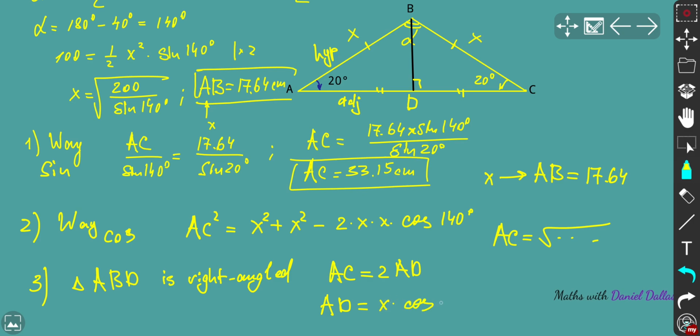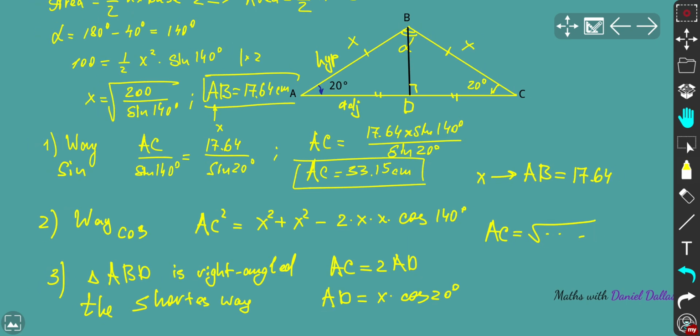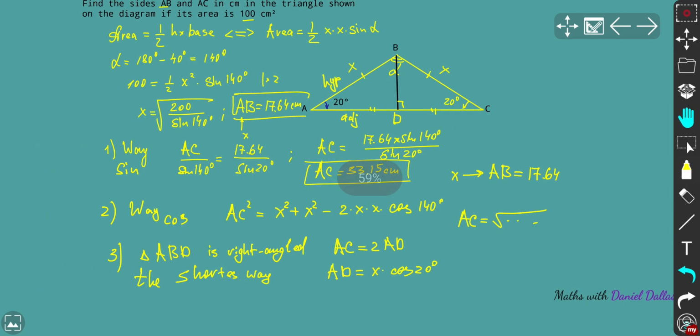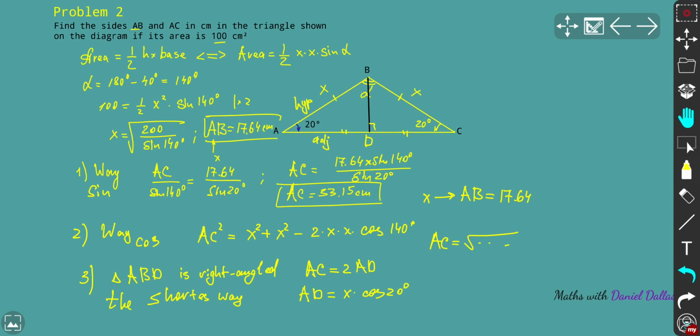This is definitely the shortest way, but you need to take into account that you need to put in the height, so it's an extra operation. That was the solution for problem 2. I showed you 3 ways how it can be accomplished, so choose any one you like.